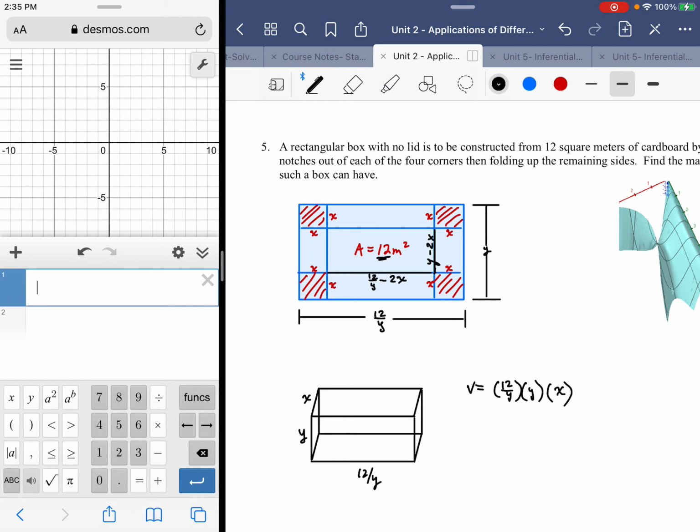Undo, undo, undo. Length. Width. Height.